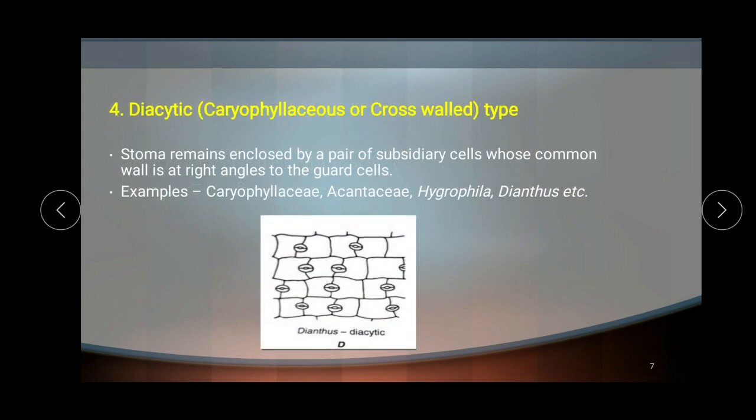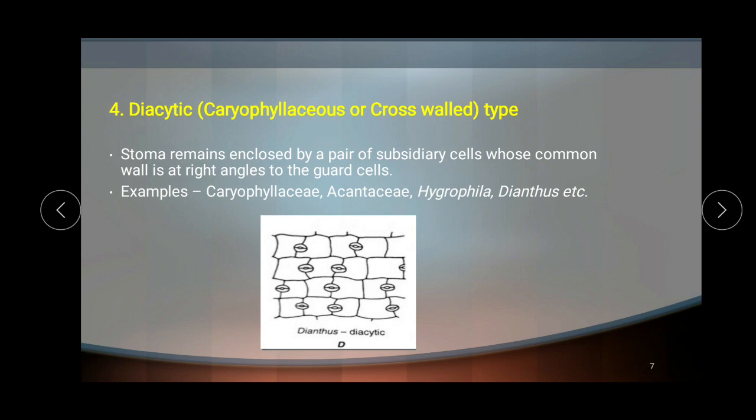Now moving to the last type from the dicotyledonous stomata, that is the diacytic type, also called caryophyllaceous or cross-walled type. In this type, the stoma remains enclosed by a pair of subsidiary cells whose common wall is at right angles to the guard cells.